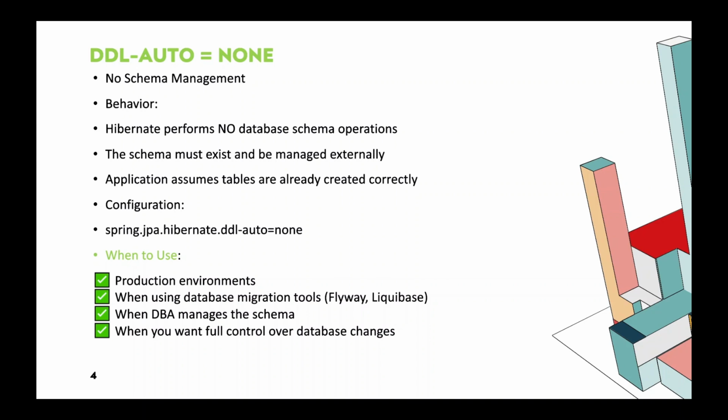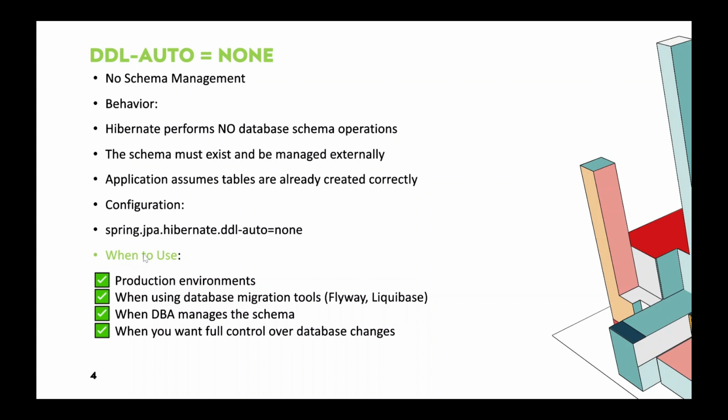We are not doing any database modification from the application, meaning from Spring Boot. For configuration, you need to say spring.jpa.hibernate.ddl-auto equal to none. This is very important. Based on that, it's going to perform those operations.